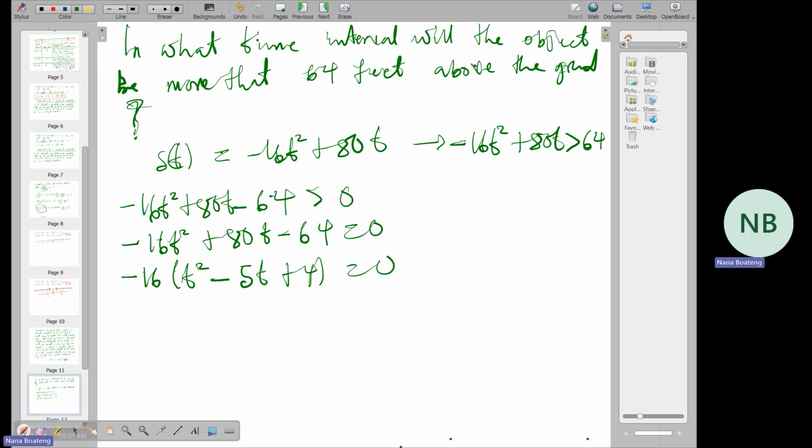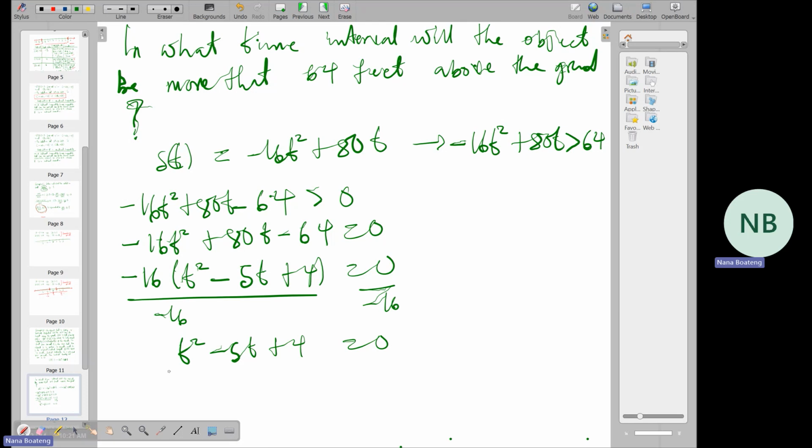Dividing both sides by negative 16, we have t squared minus 5t plus 4 equal to 0. With this, we can factorize and solve for t.